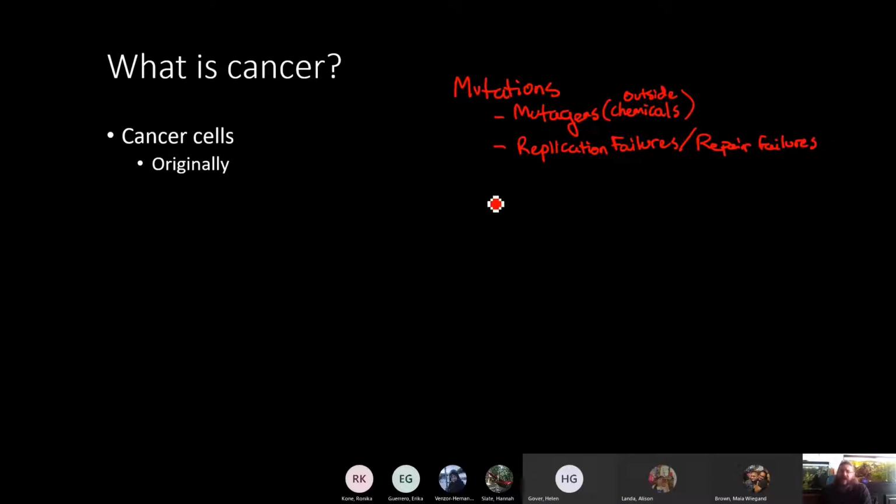So basically, anytime a cell is damaged, damaged cells need repair, or really damaged organs. Let's stick to the organ level. Damaged organs and tissues need repair. And to repair, you need more cells.